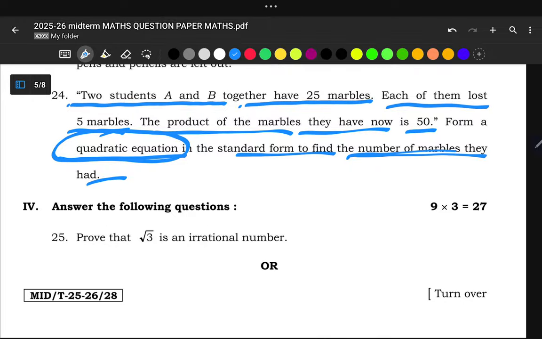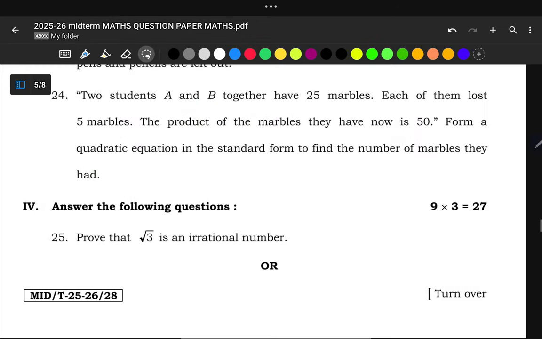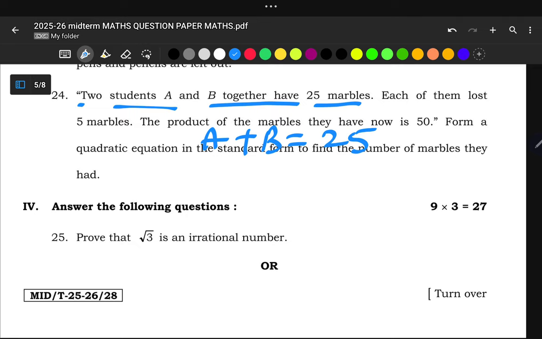See, first write the given data. Two students A and B together have 25 marbles. Means A plus B is equal to 25 marbles. Together means you have to add. Each of them lost 5 marbles. Lost means you have to subtract 5 from each: A minus 5, B minus 5.